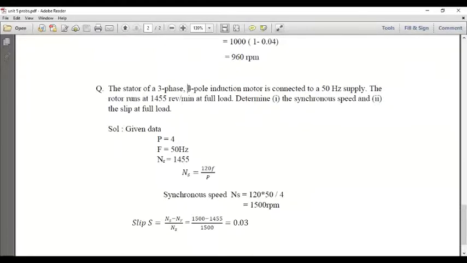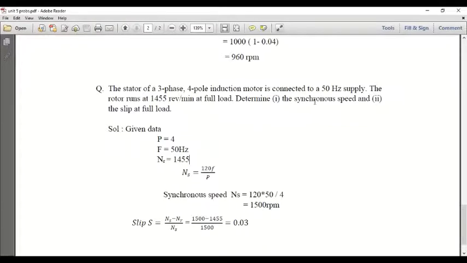The number of poles is given and the operating frequency is 50 Hz. The rotor runs at 1455 revolutions per minute, which means the rotor speed is given indirectly.